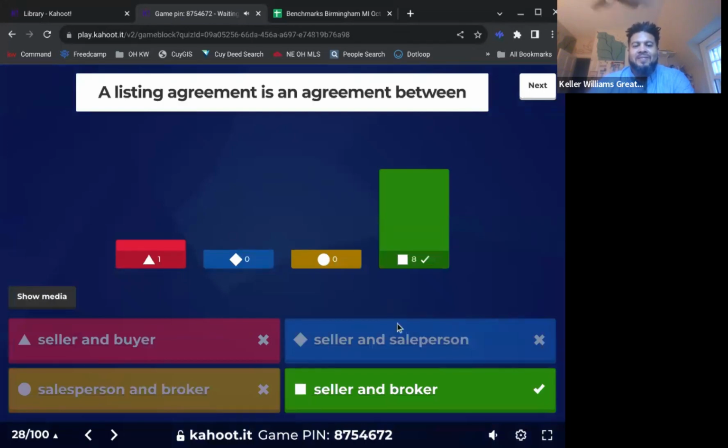All right. Almost everybody got one on the seller and buyer. Hopefully it was just a slip of the finger. Seller and buyer, that's an offer and a contract form. The listing agreement is the agreement to actually list the property for sale, not the actual contract to purchase the property. That's a purchase agreement. And that's what the seller and buyer both sign.